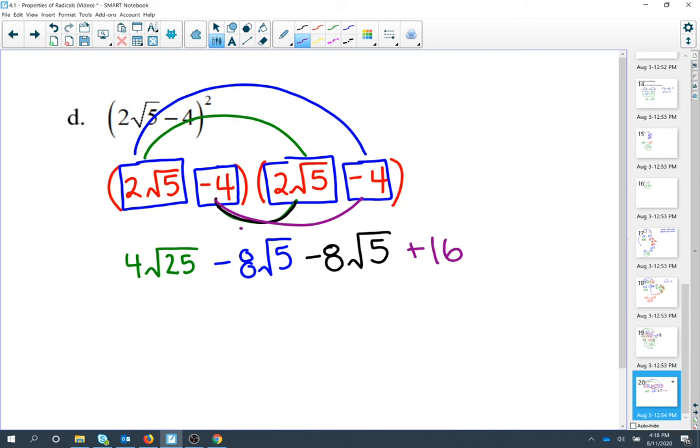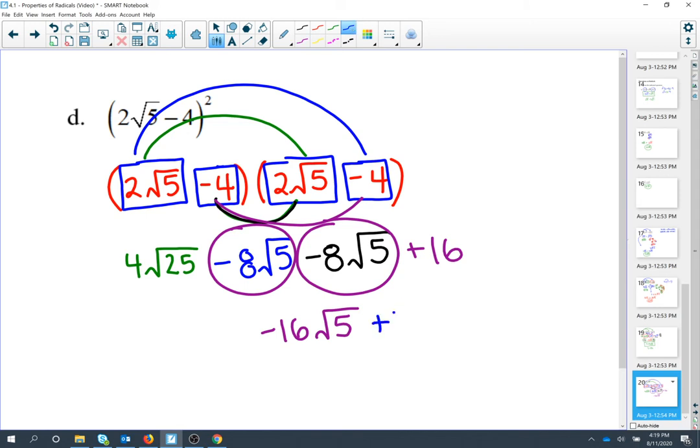First thing I'm looking at, negative 8 root 5, negative 8 root 5. Those are already like terms. Negative 8 plus negative 8 is negative 16 root 5. Then I can just drop down my plus 16. And then I'm looking at the square root of 25. The square root of 25 is 5. So this is 4 times 5.